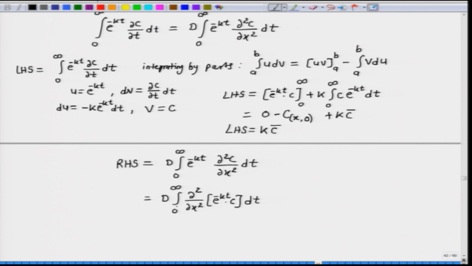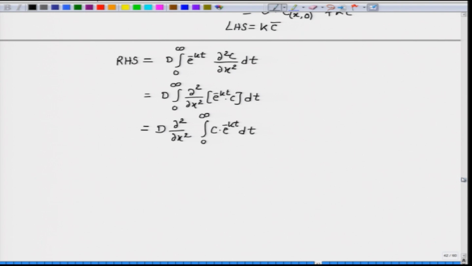And next we can change the order of integral and differentiation. So, this becomes dou 2 by dou x2 of integral 0 to infinity c times e to power minus k t dt. Again we encounter the integral for Laplace transform of c. So, this is nothing but the Laplace transform of c, which we denote as c bar. So, d times dou 2 c bar by dou x2.